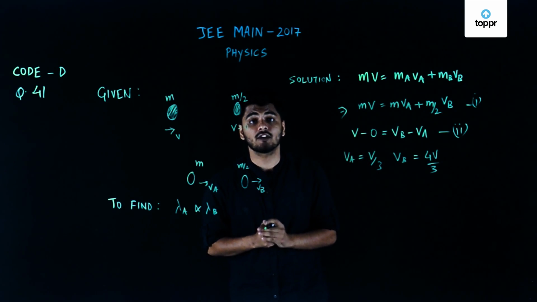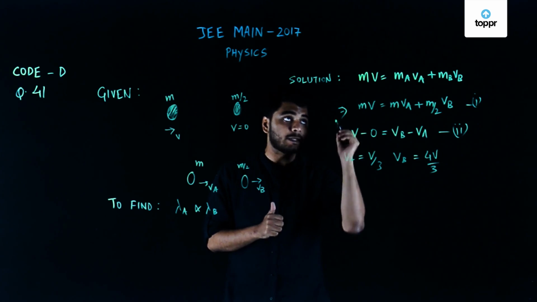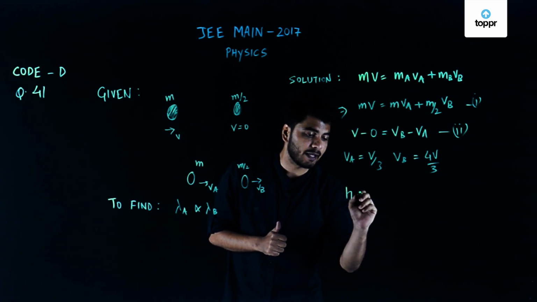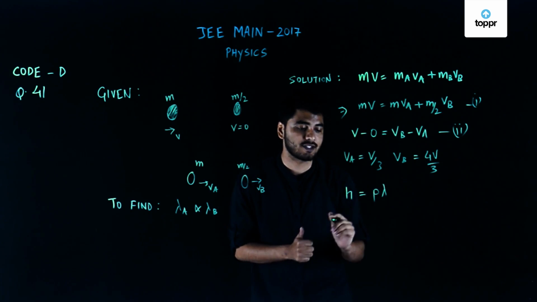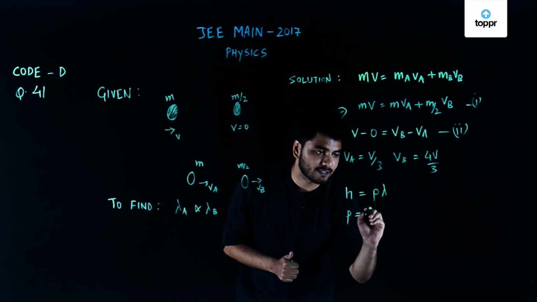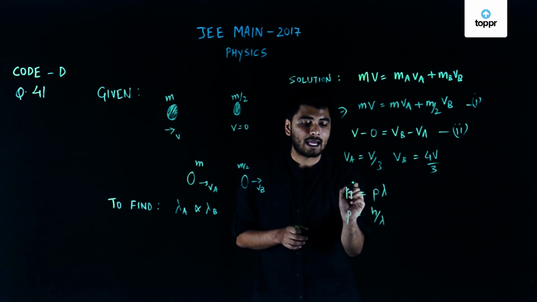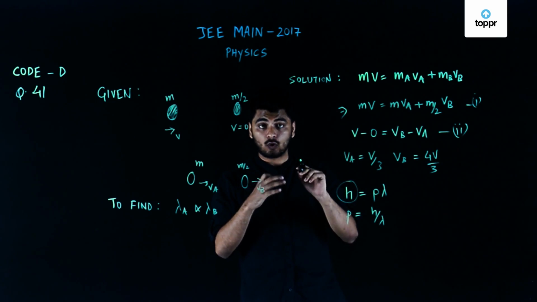Now we need to find out the ratio of the de Broglie wavelengths. We know that the de Broglie wavelength associated with a particle is given by h equals p times lambda, where h is the Planck's constant, or in fact the momentum is given by h by lambda. We know that the Planck's constant for both these particles after they collide would be the same.